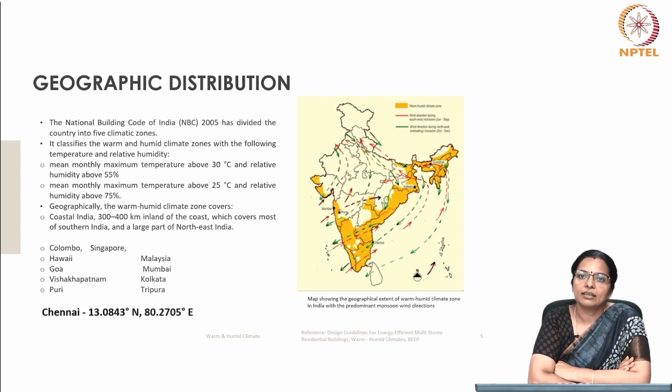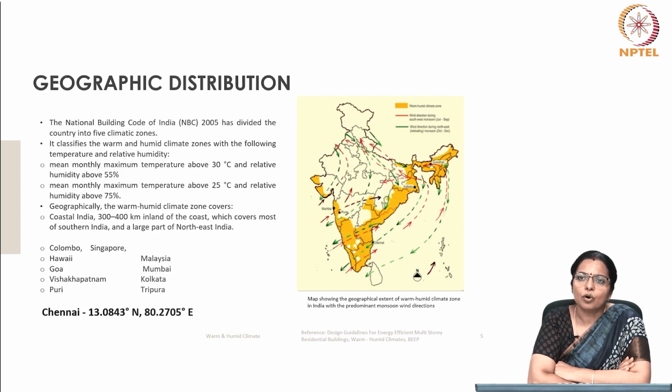It says that the mean monthly maximum temperature should be above 30 degrees centigrade and relative humidity must also be above 55%, or the mean monthly maximum temperature should be above 25 degrees centigrade and relative humidity should be very high, above 75%.